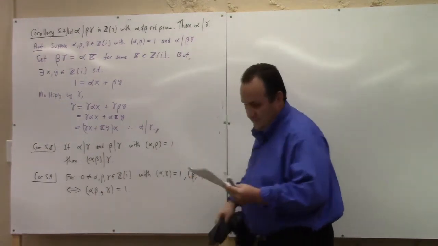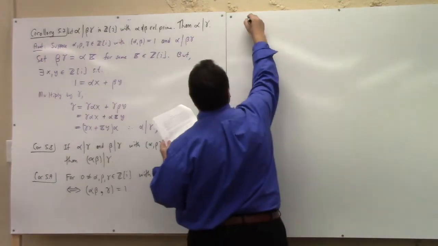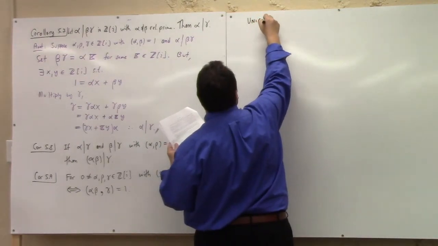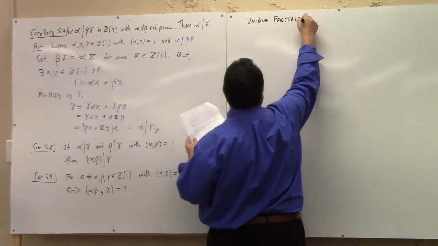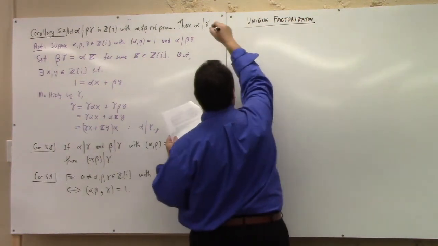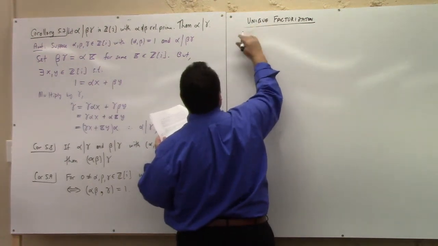Unique factorization. This is Lemma 6.1.